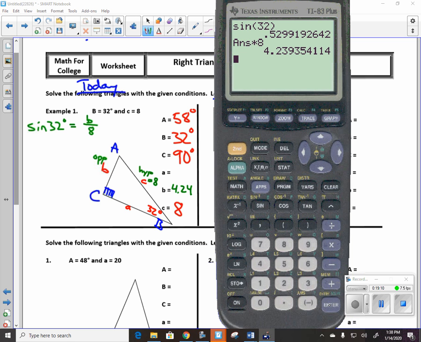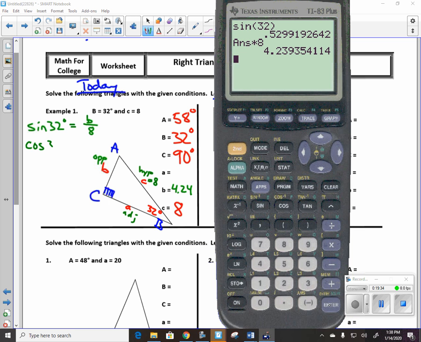Once I know B, how could you find A? You could use the Pythagorean Theorem. You could. I'm going to use another trig function. A is the adjacent. Which one would you use for adjacent and hypotenuse?